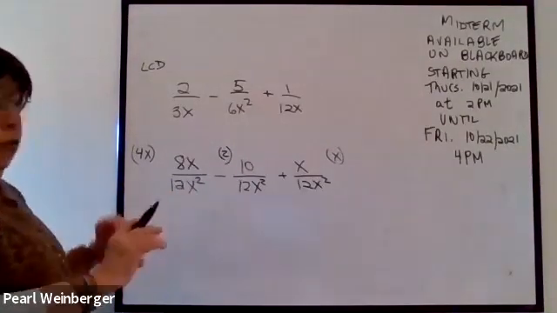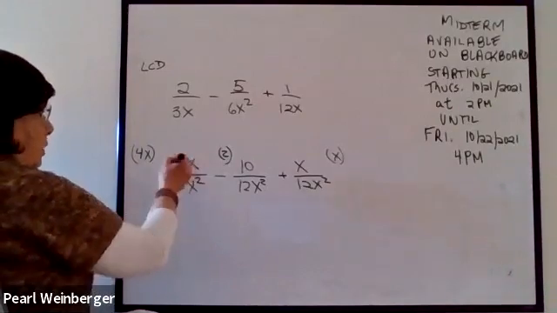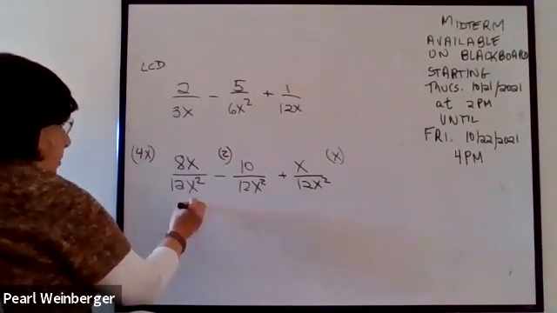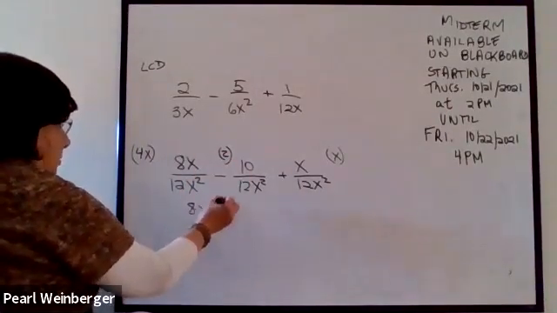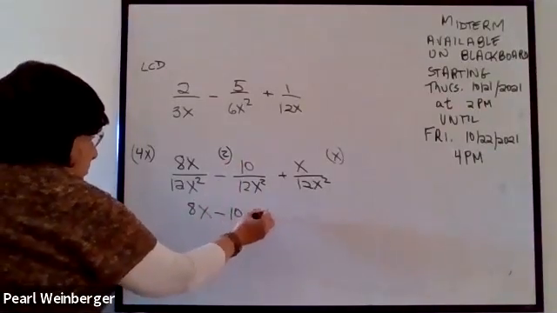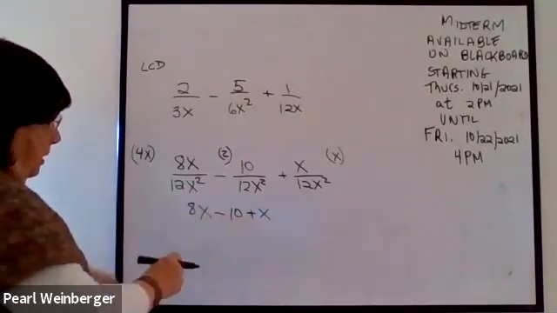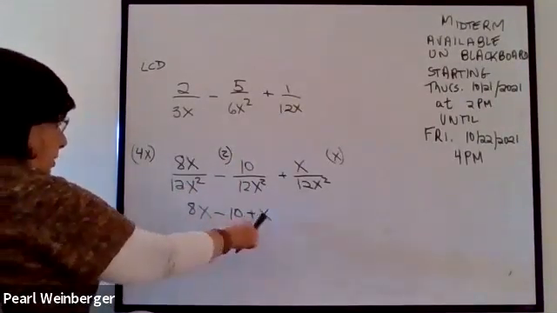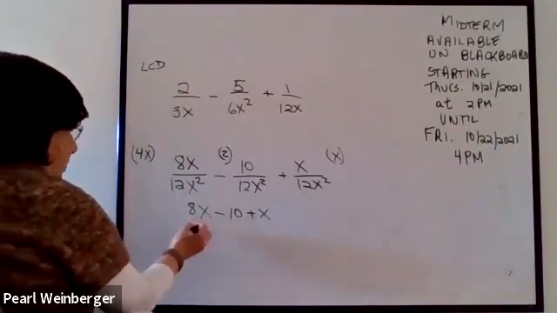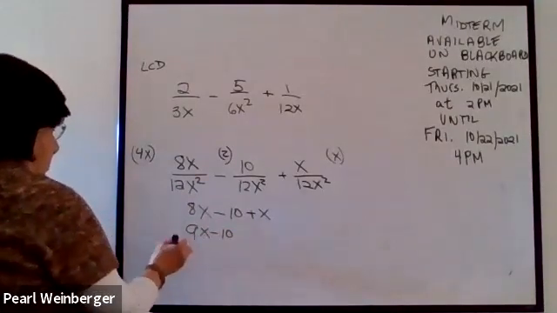Once I have all the same denominators, I just work with the numerators. What are my numerators? 8x minus 10 plus x, which I can combine. 8x plus x gives me 9x minus 10.